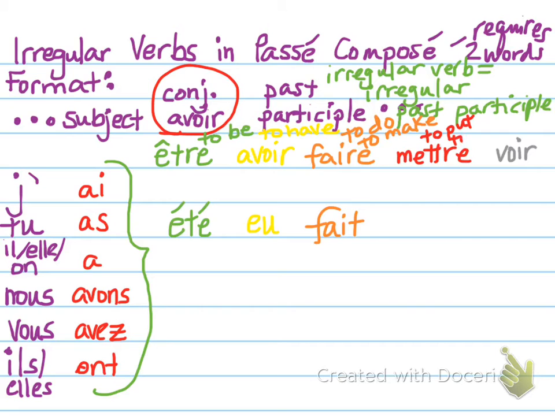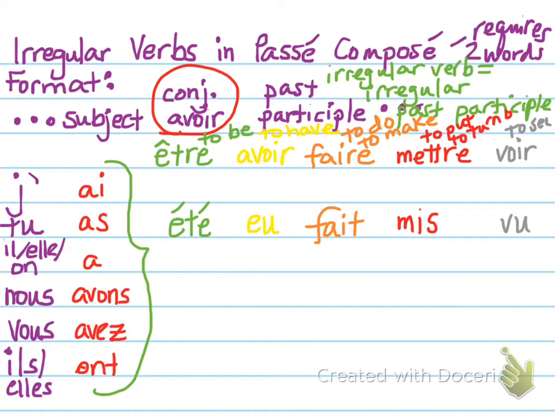It can also mean to turn on. And the past participle for mettre is mis. And lastly, voir, which we just learned, means to see. And the past participle of voir is vu.